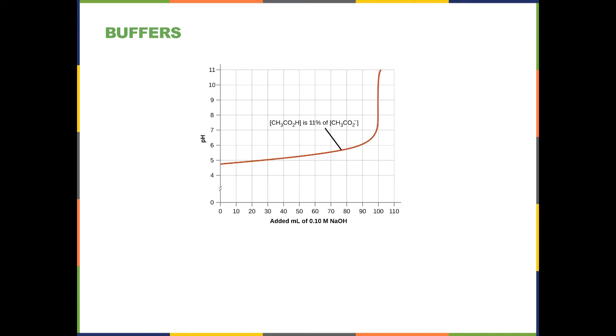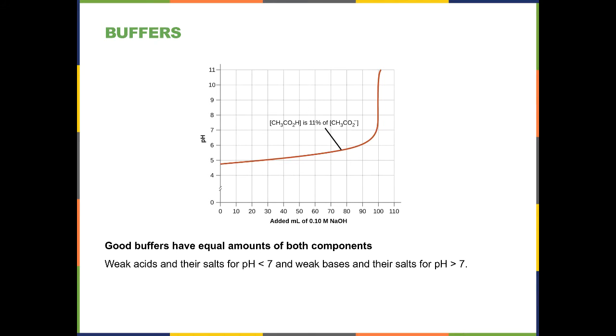And here's a diagram of how buffers work, and you can see that good buffers generally have an equal amount of both components, that is the weak acid and the weak conjugate base. Weak acids and their salts have pHs less than 7, and weak bases and their salts have pHs greater than 7.